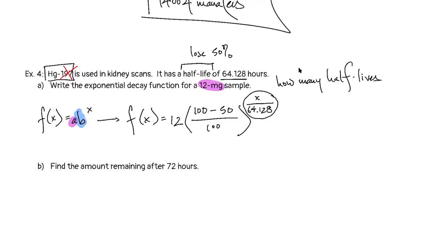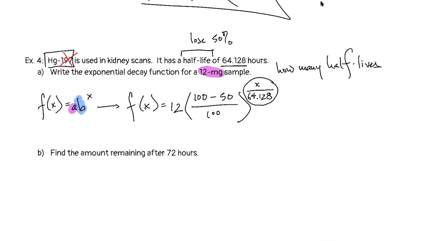So if I say, how much is left after 64.128 hours from our 12 milligram sample? 6. Yeah, we have 6. And if I wait another 64.128 hours, then I'm going to have 3. So we need to incorporate that half-life into our equation, okay?